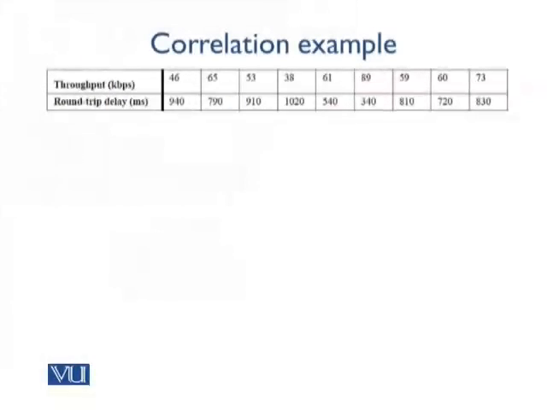Let us now study an example to clarify the idea we've just discussed, and to see how this formula for calculating the correlation coefficient can be applied. So we have in the slide a table in which we have two variables. The first variable is throughput in kilobits per second, and the second variable is round trip delay. And we want to see if these two variables are related or associated in some way.